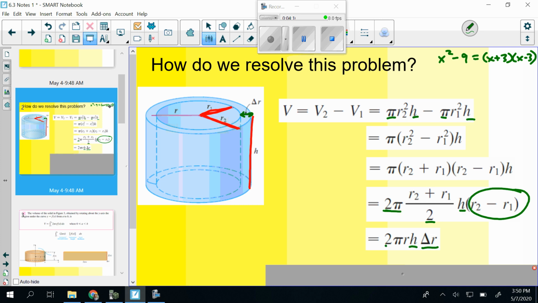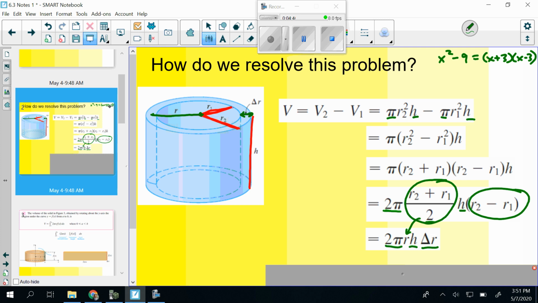This 2 pi is still this 2 pi. The last thing is this r. We're going to call r the radius from the center to the center of that shape. It's an average. If you add two things and divide by 2, you're finding the average. So this ends up being r, which is our average radius.